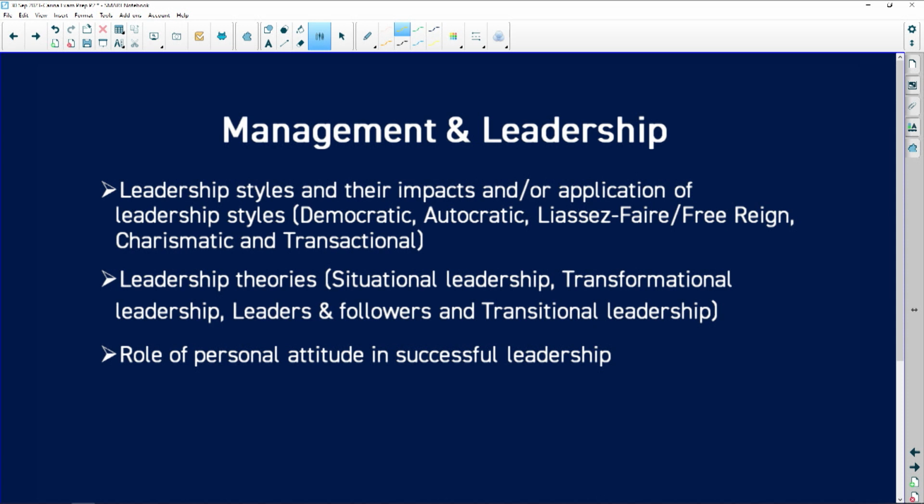Remember that impact refers to advantages and disadvantages. So don't forget that. It doesn't change. Your application of a leadership style also has a couple of bullet points per leadership style. And here are the leadership styles, which I listed for you.